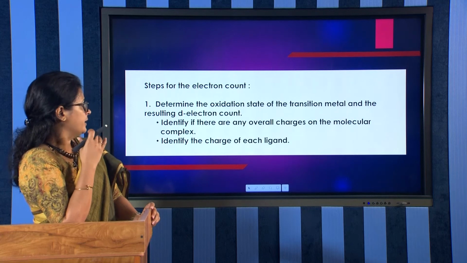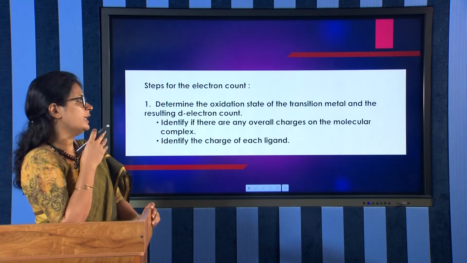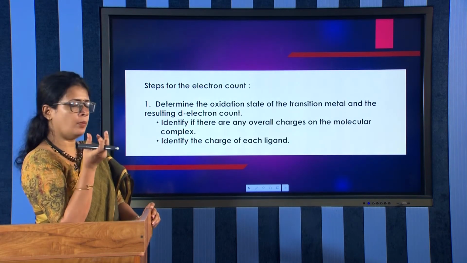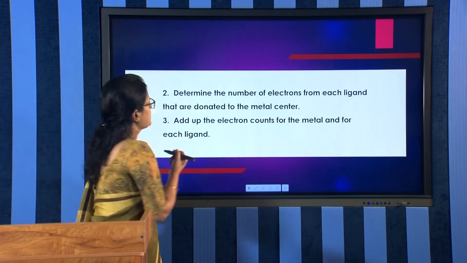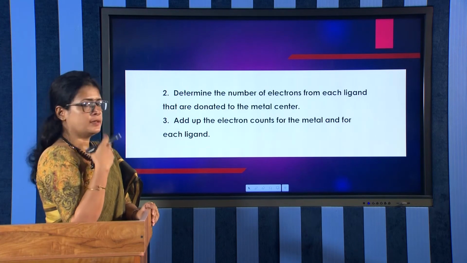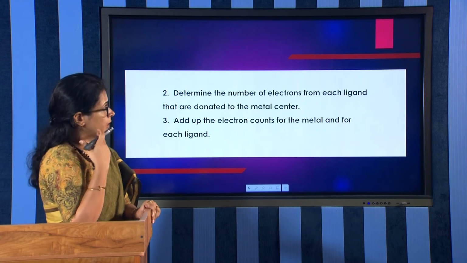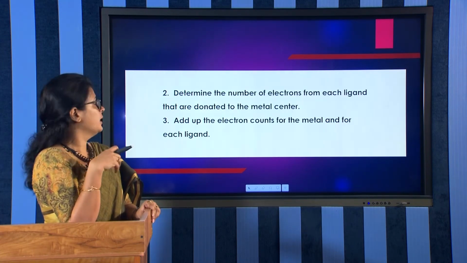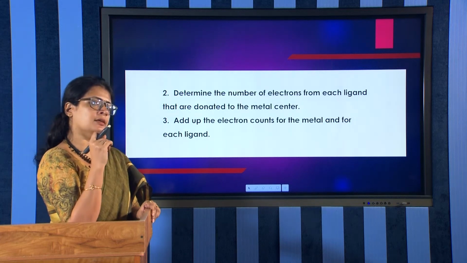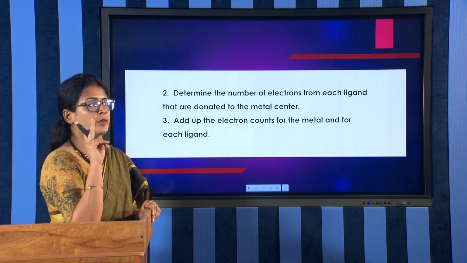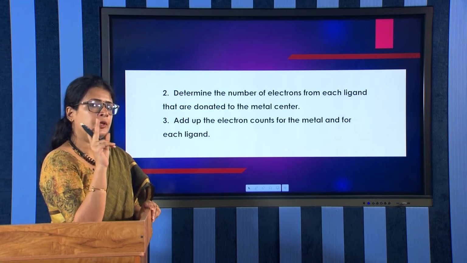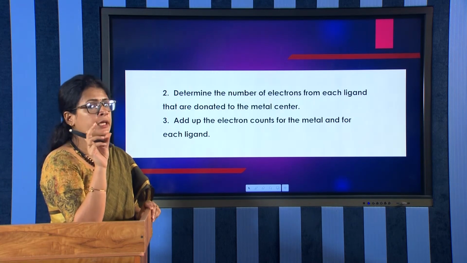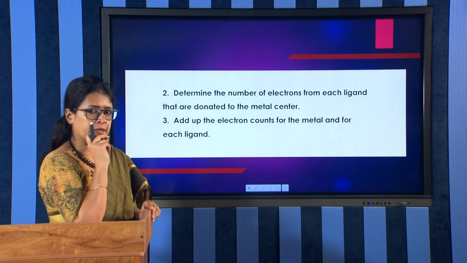In that, first identify any overall charge on the molecular complex, next identify the charge of each ligand, and next determine the number of electrons from each ligand that are donated to the metal center. So, the first step is to find out the oxidation state of the central metal atom. From that you will get the idea of how many electrons are there in the central metal atom.